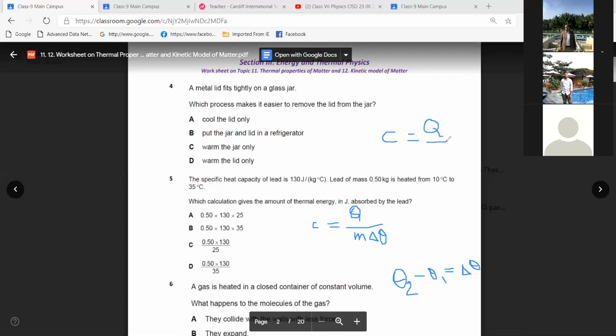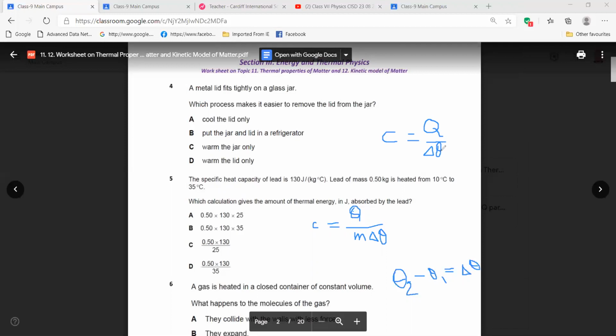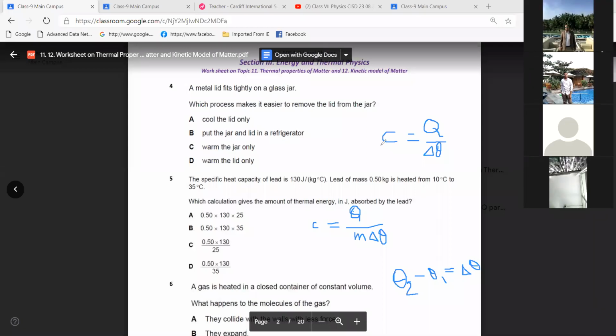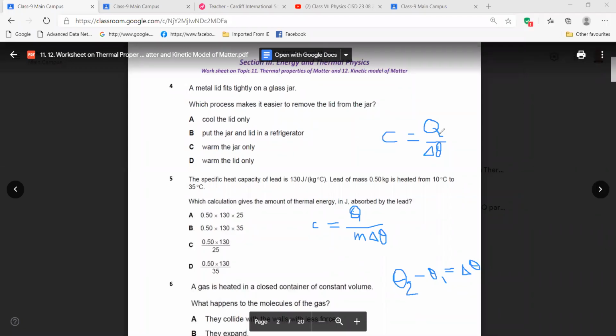Q by del theta. So Q is your energy, right? Heat energy supplied. It is Q, and del theta is the difference in temperature. Heat capacity is the energy required to change the temperature for the whole object.